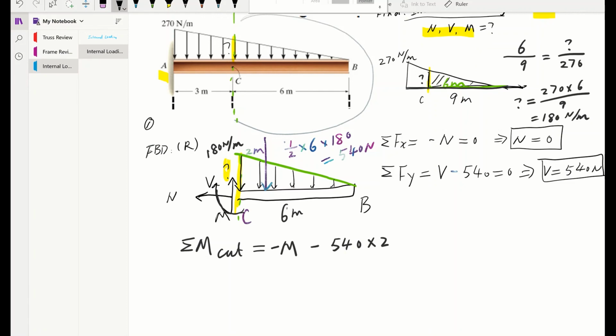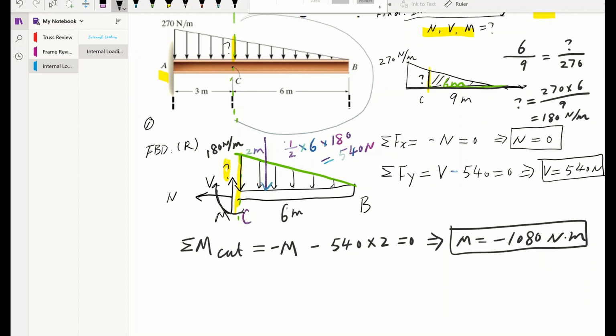And there's nothing at point B because it's overhang beam, so that equals 0. That will give us our moment as how much? Negative 1080. And the unit is Newton meter as the moment.